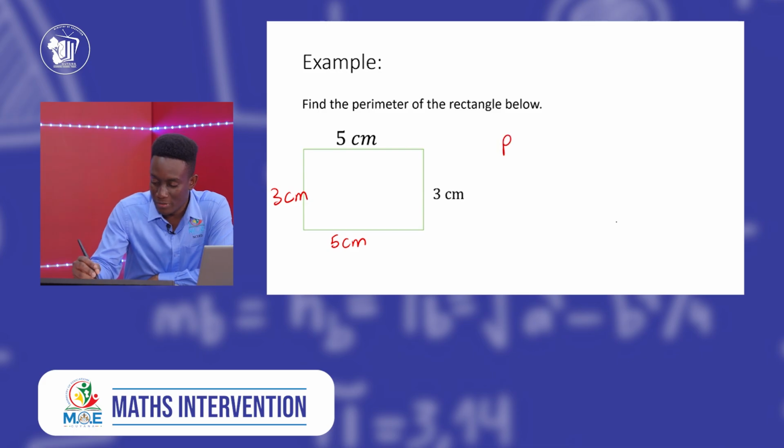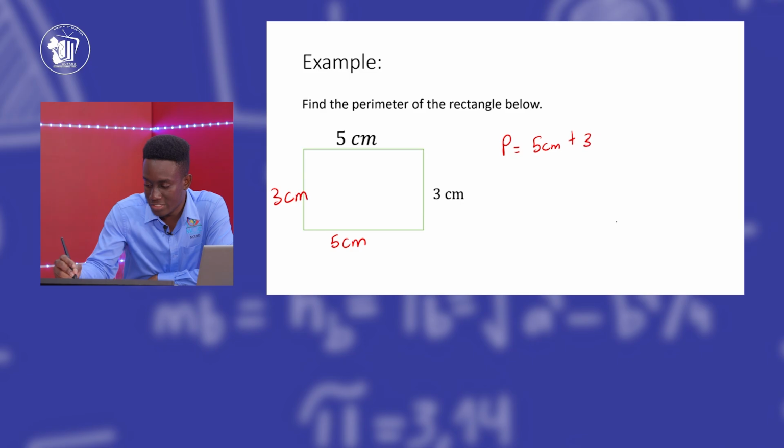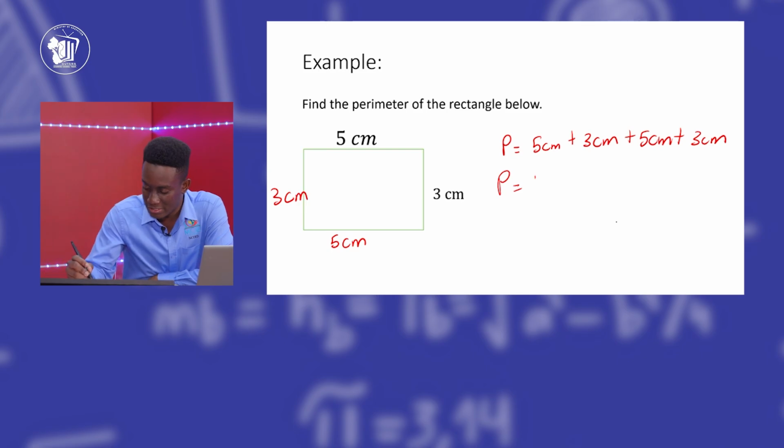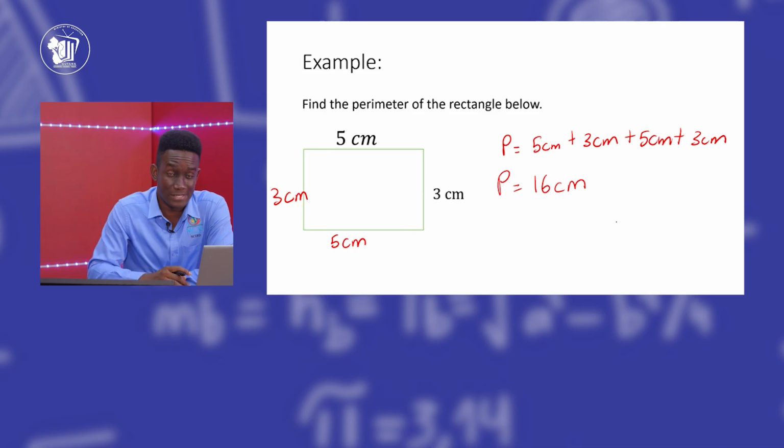Then to find the perimeter, it will simply be 5 cm plus 3 cm plus 5 cm plus 3 cm. Hence the perimeter of the shape would be: 5 and 3 is 8, 5 and 3 is also 8, 8 and 8 will give us 16. So the perimeter will be 16 cm, as simple as that.